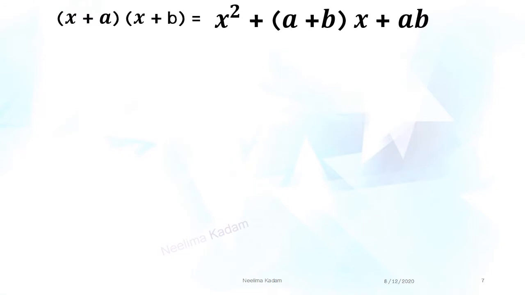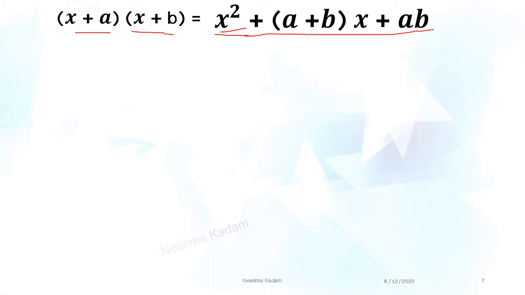Dear students, in the last video we have seen the expansion of x plus a into x plus b. This is a multiplication of binomials, and when we multiply these two binomials we will get a trinomial, that is x square plus (a plus b)x plus ab.